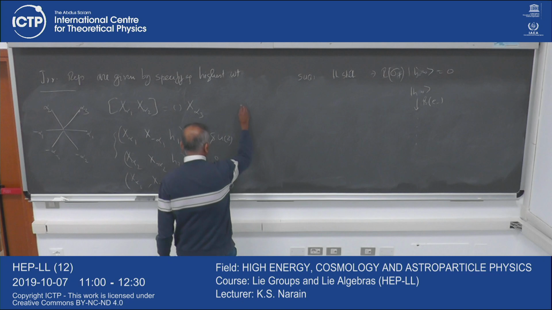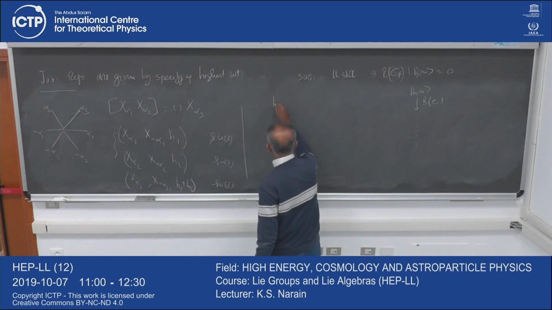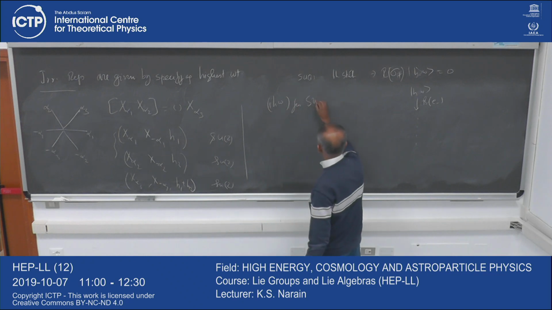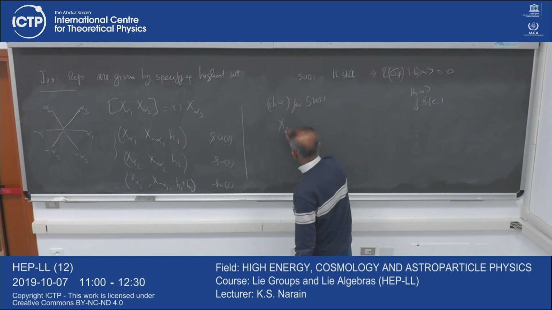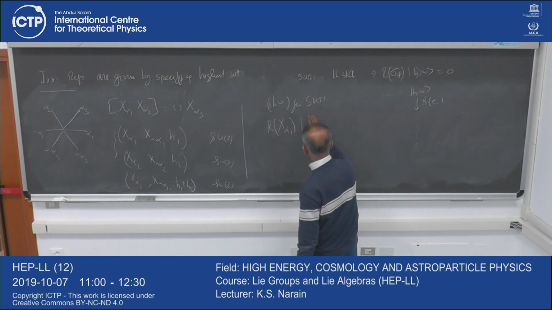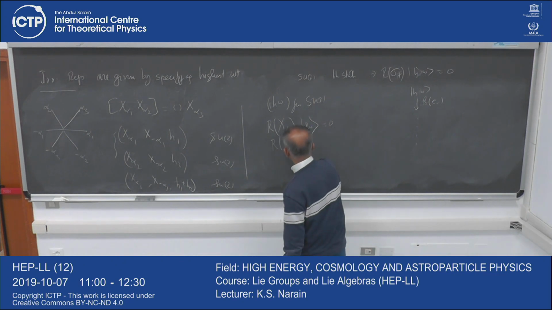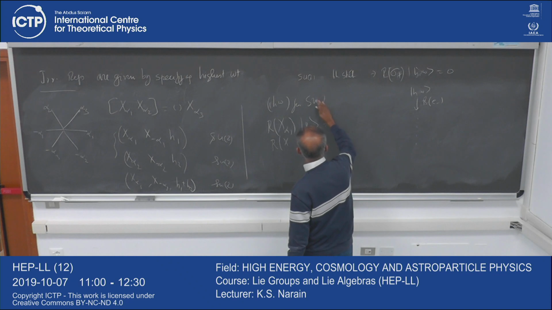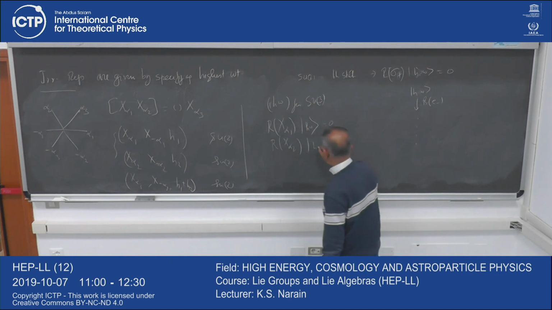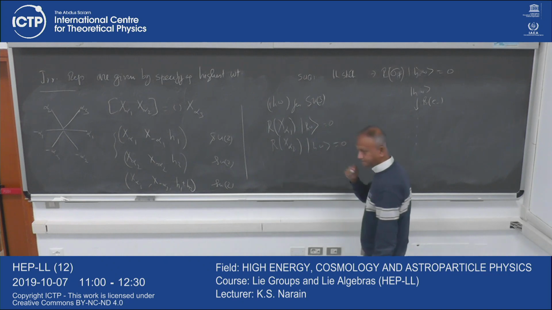So what is the idea then? We say that the highest weight for SU3 will satisfy x alpha 1 acting on the highest weight, HW is a short form for the highest weight, equal to 0, and x alpha 2 for SU3, x alpha 2 acting on HW is equal to 0.